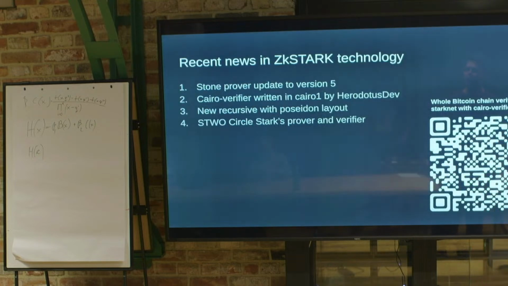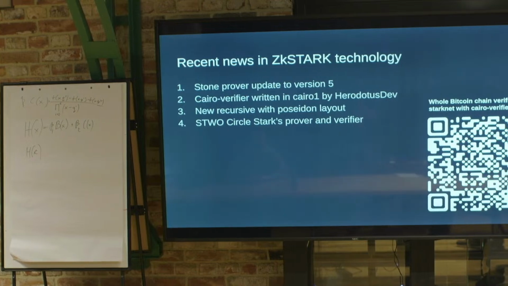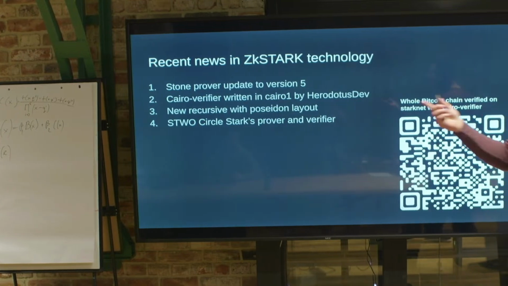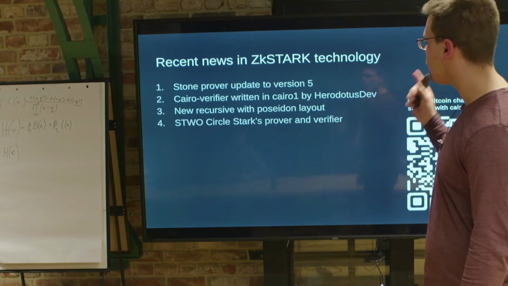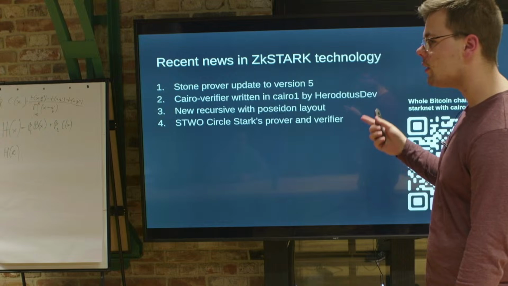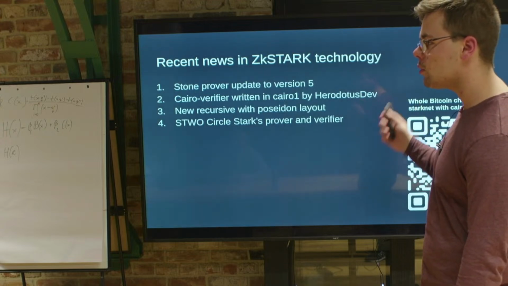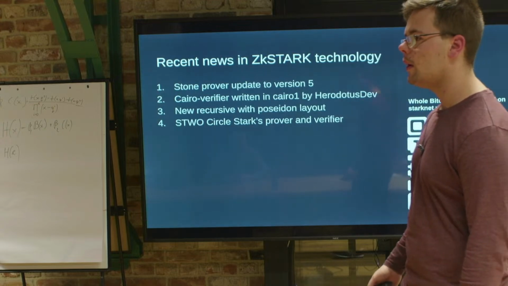Yes. So I also want to talk briefly and quickly about recent news in zk-STARKs technology. There is an update of the Stone prover to version 5, and this update is introducing the Poseidon hash function.